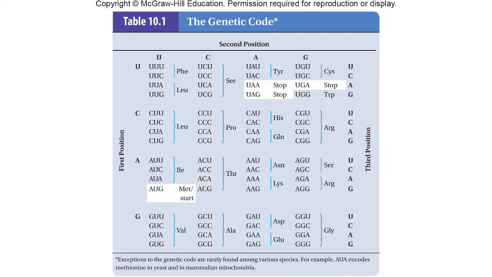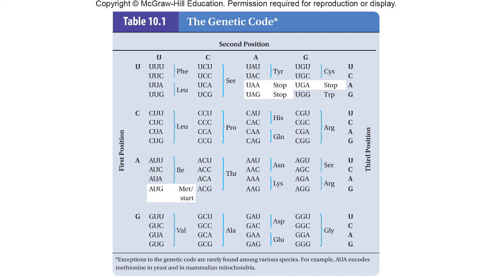So this is almost like a decoder ring, if you will. These are the 3-nucleotide-long codons found on the messenger RNA that are then translated into particular amino acids.